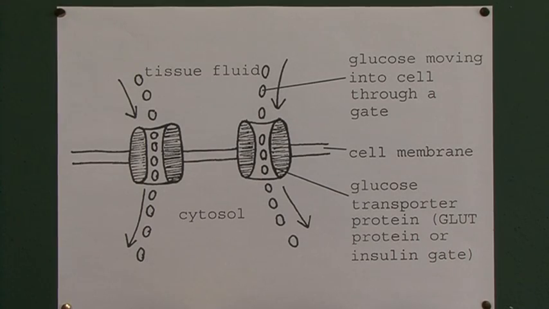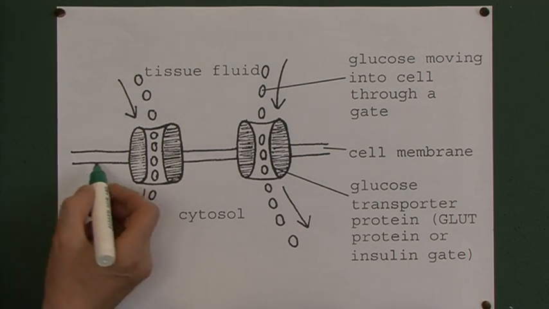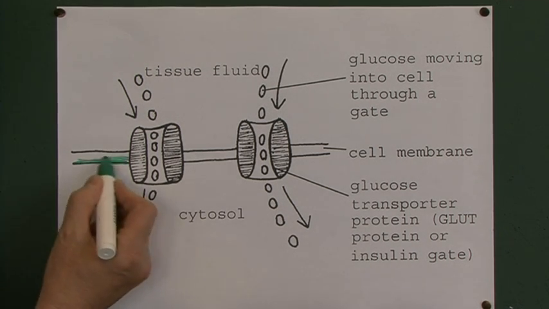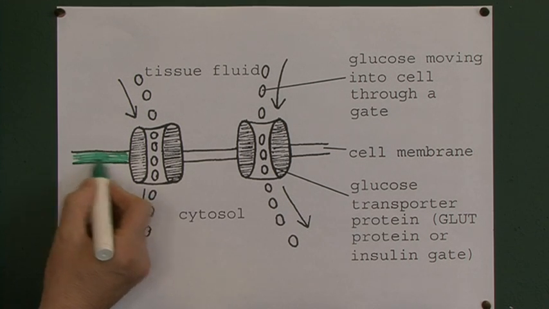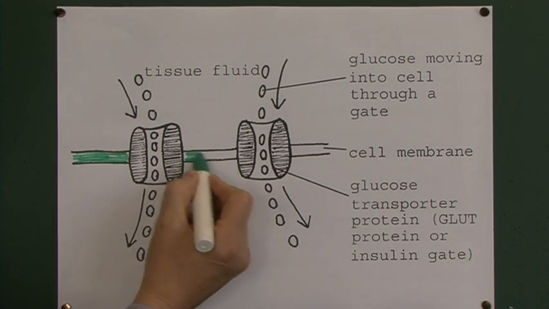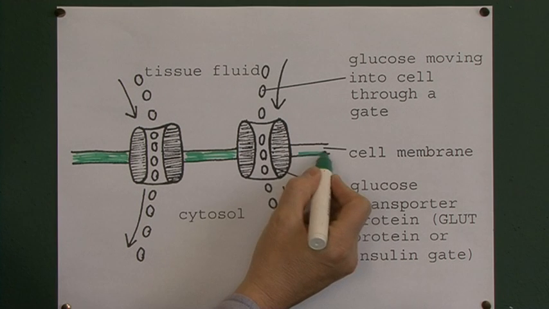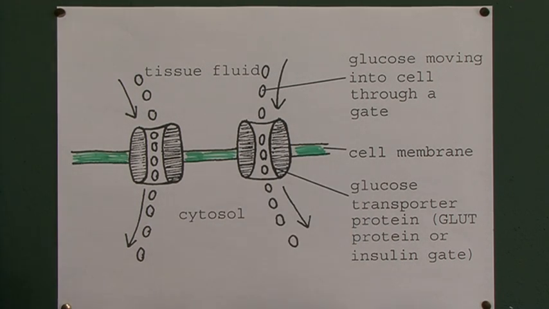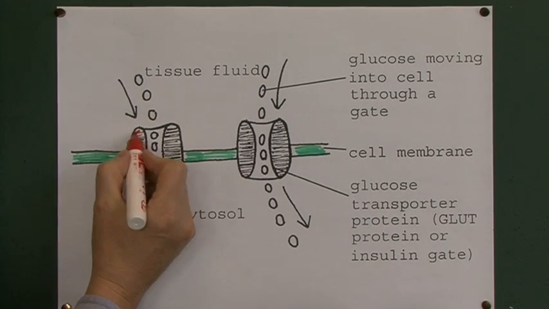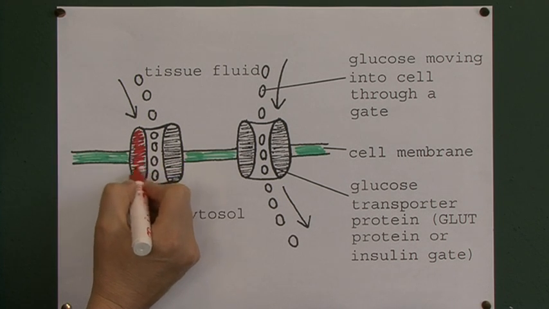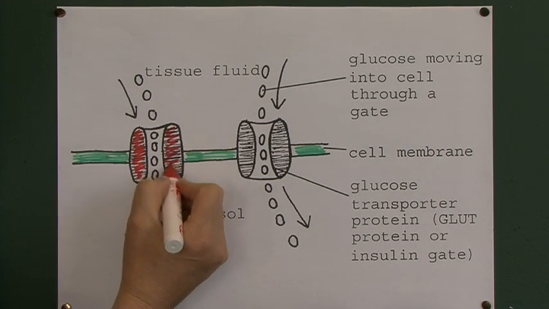So as a result of the secondary messenger systems inside the cell, the glucose transporter molecules rise to the surface of the cell membrane. And here we see that in cross-section. So here we have the phospholipid bilayer of the cell membrane. And here we have a cross-sectional diagram of the glucose transporter molecules.